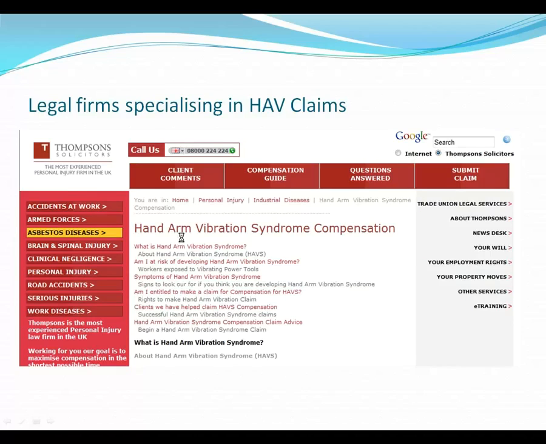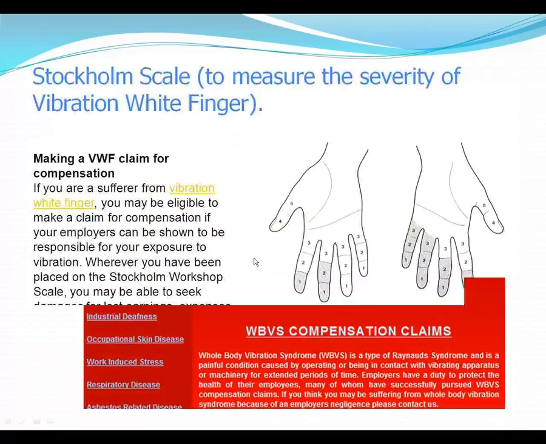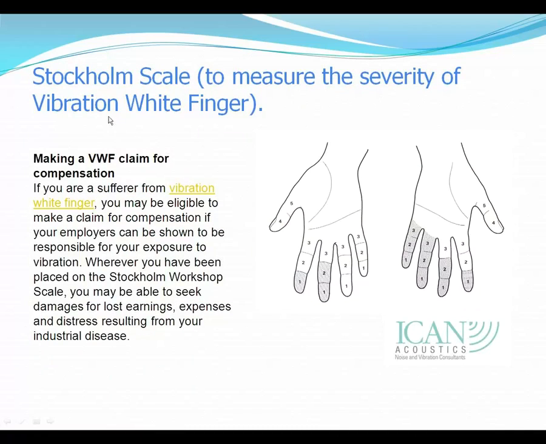In terms of hand-arm vibration, there is a method called the Stockholm Scale that deals with the severity of a hand-arm vibration claim, depending on how bad the effect is, or if you're suffering, for example, from blanching in the fingers, you can quantify and calculate the severity of the damage using this Stockholm scale. So I just said I'd mention it. There is a recognized method of determining how bad or how affected you are by hand-arm vibration.